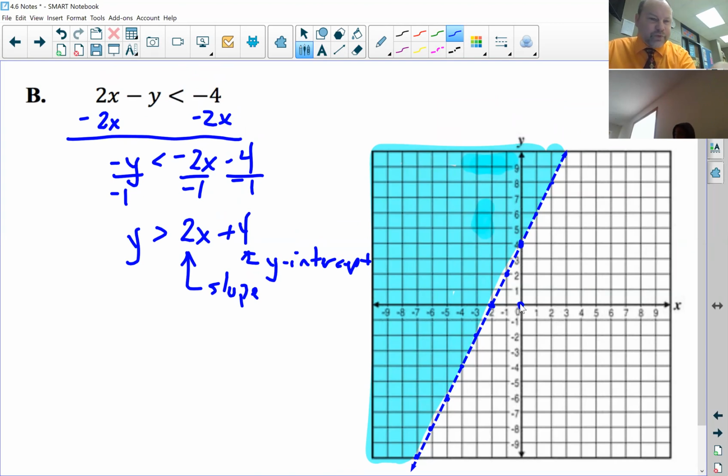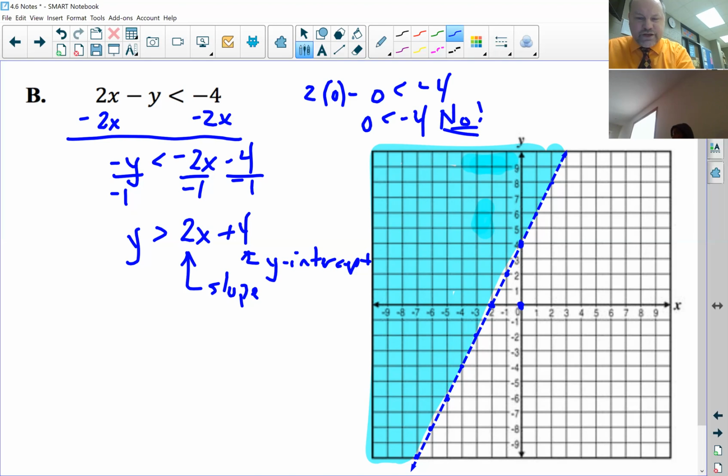So if I plug (0, 0) into my original inequality for x and y, I get 0 is less than -4. That is not true. So I don't shade the side that (0, 0) is on, I shade the other side. So again, you should get the same graph either way that you draw the line.